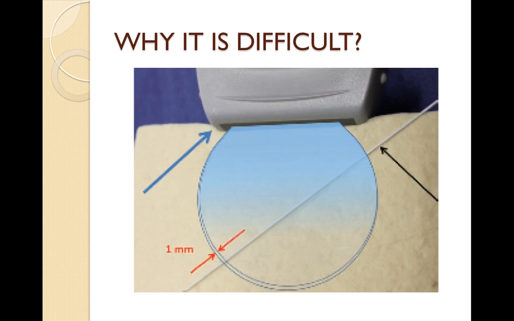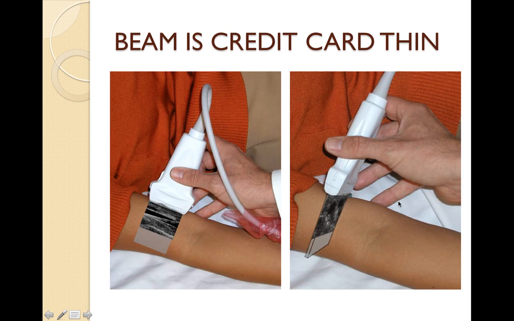When this linear probe sends the signal, the image will be 1 millimeter thick, so it is like a credit card thin image. So if your needle doesn't come below this ultrasound waveform, then the needle won't get visualized. For this you require tilting, alignment and pressure.